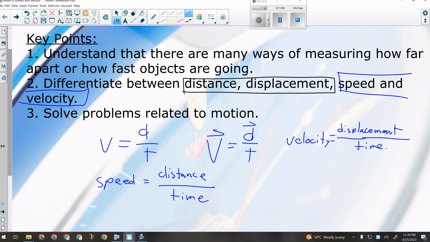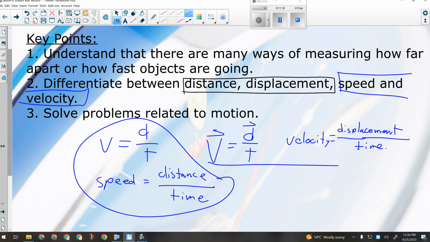The little arrows over top of the V and the D indicate that those are vector quantities that not only have a magnitude, but a direction as well. Just so you don't get confused which ones go with which.